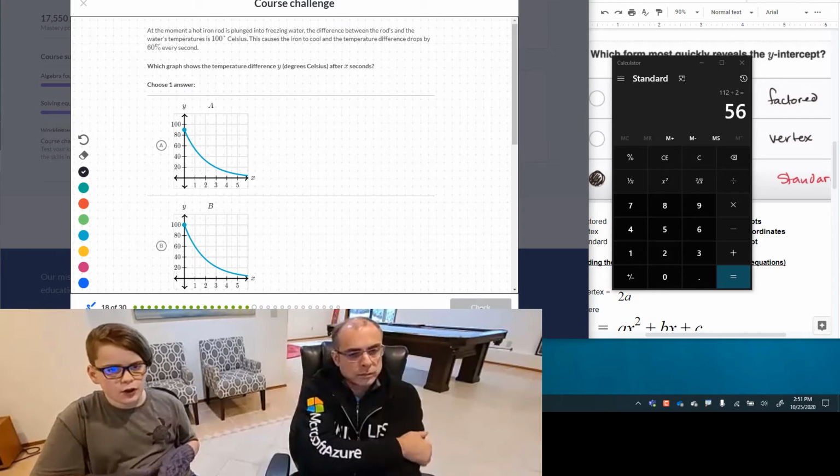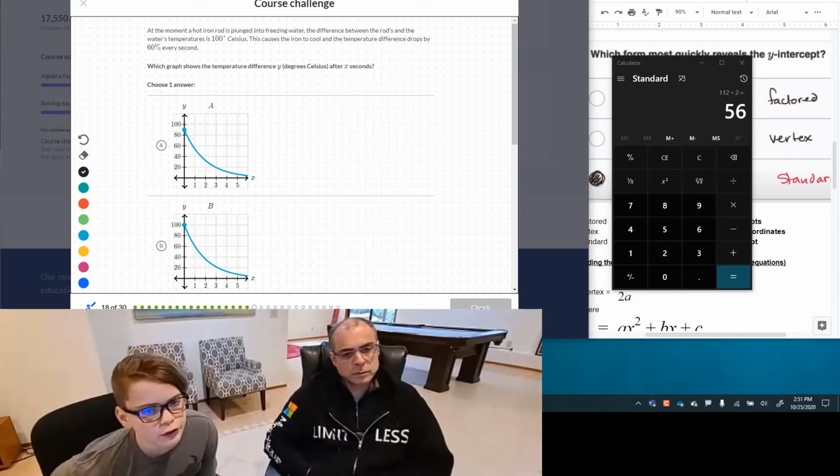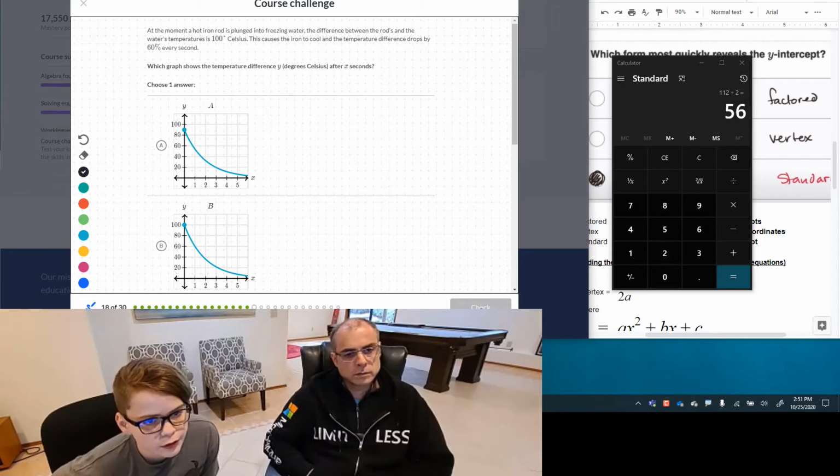At the moment, a hot iron rod is plunged into freezing water. The difference between the rod and the water temperature is that many degrees Celsius. This causes the iron to cool. Which graph shows the temperature difference?